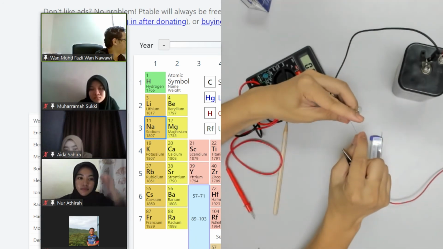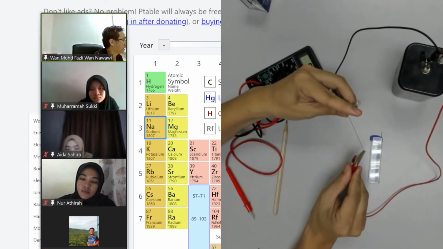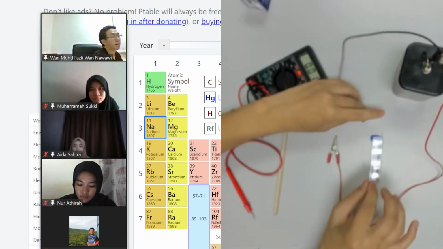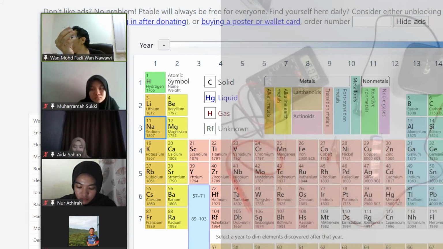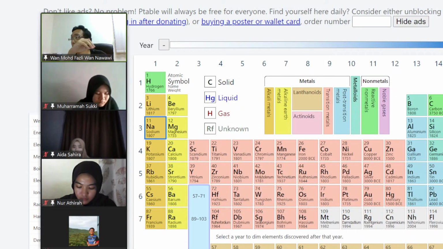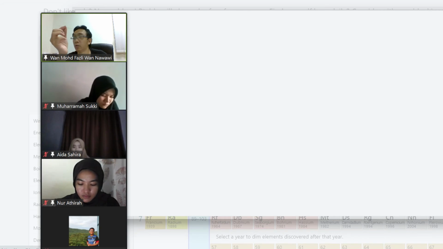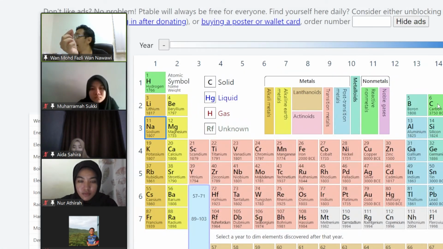If I do like this, and then I connect this thing like this, you can see the lamp is on. So this shows that this thing is carbon, and you saw before that carbon is non-conductive. Carbon is a non-metal, but it can still conduct electricity. Carbon can still conduct electricity.